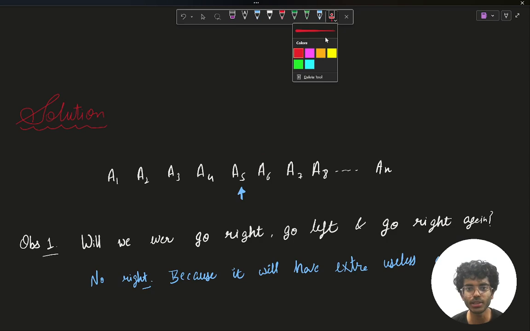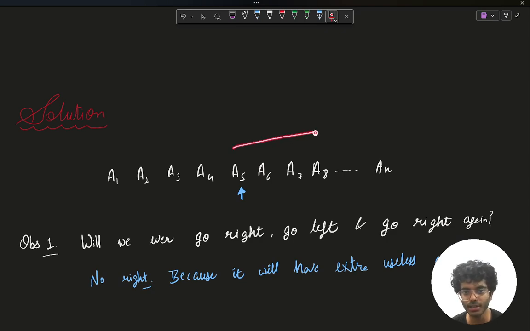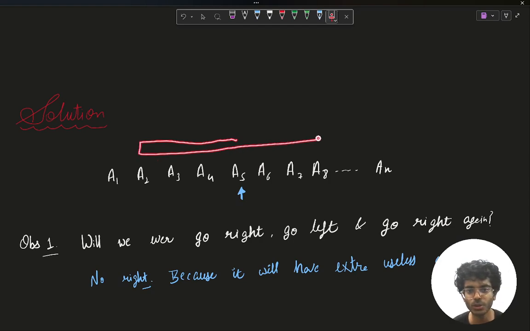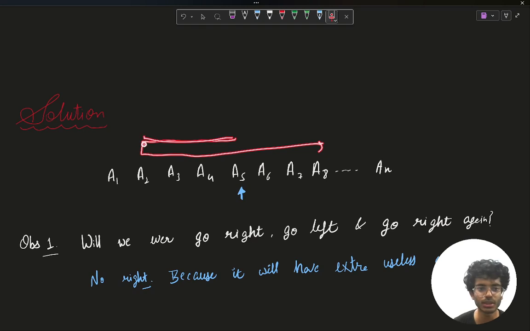So what he'll be doing is going right until some point, then come left, and then just keep going left. Or the other optimal path might be he goes left, comes back to this point and goes right again. Let's say these two elements have an infinite amount of points and everything else has one box. The optimal path he'll try to follow is something like this: goes here, gets this money, and then comes in and gets this money.